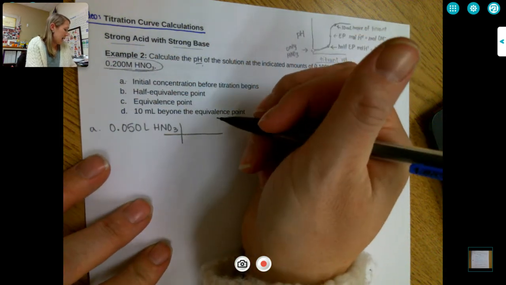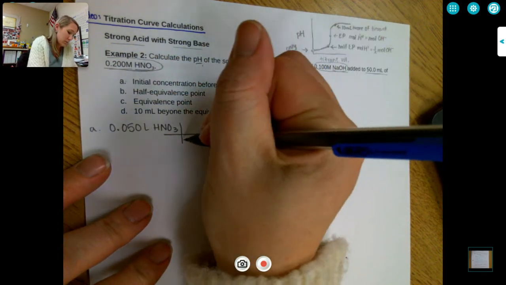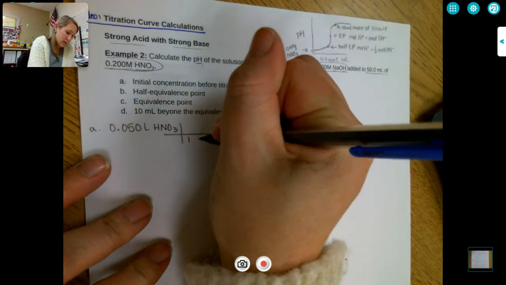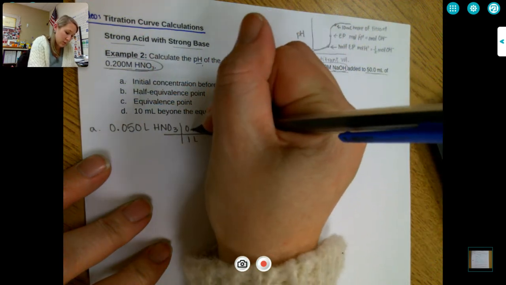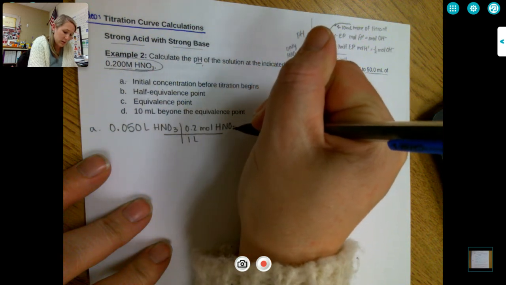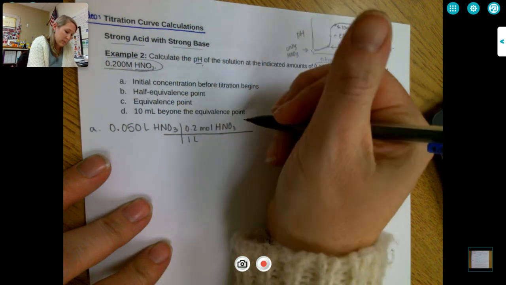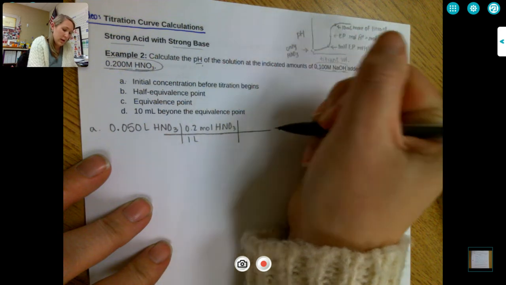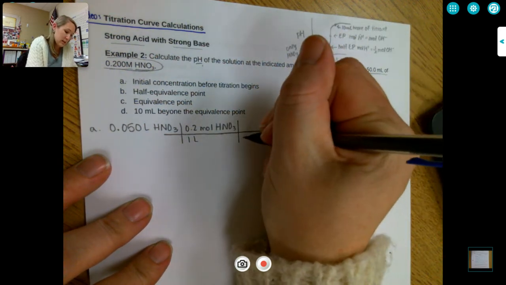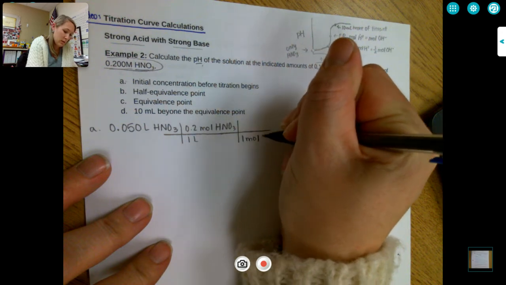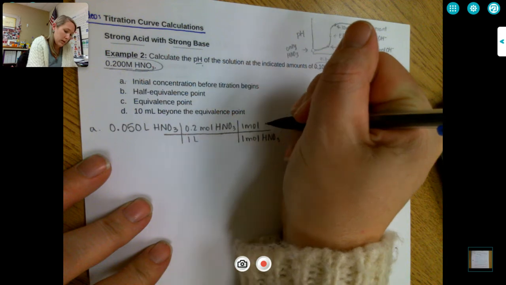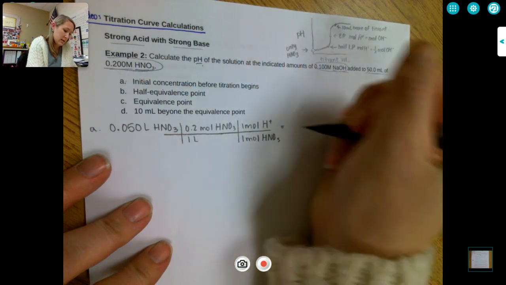And here, my concentration is, for every 1 liter, I have 0.2 moles of HNO3. And we care about hydrogen ions. Luckily, it's a 1-to-1 ratio, but maybe it wasn't. But we can say that for every 1 mole of HNO3, I have 1 mole of hydrogen ions.